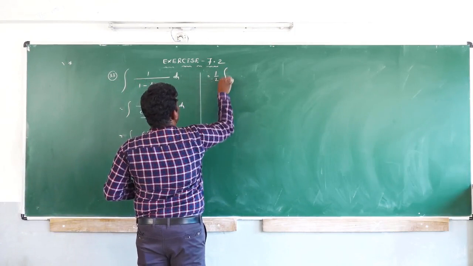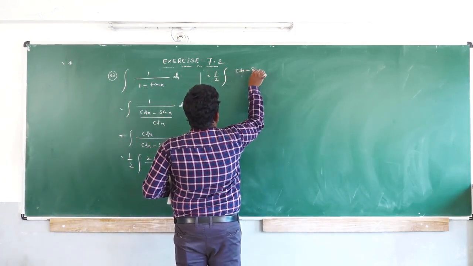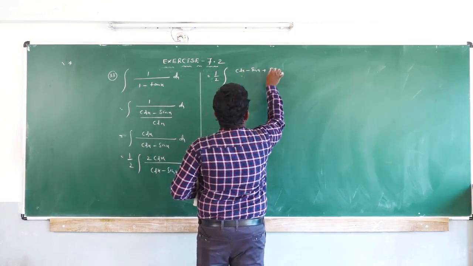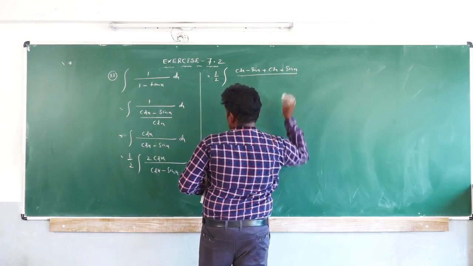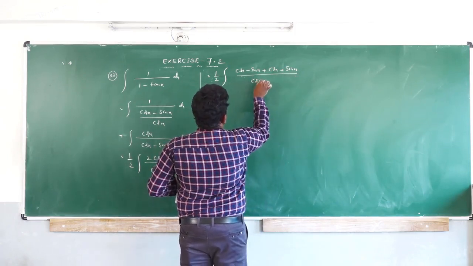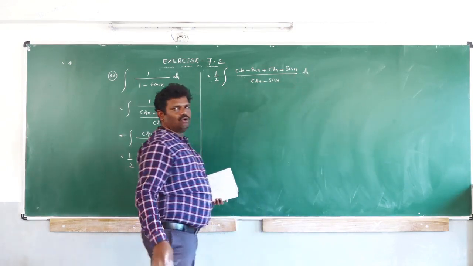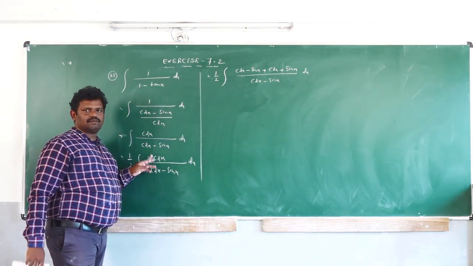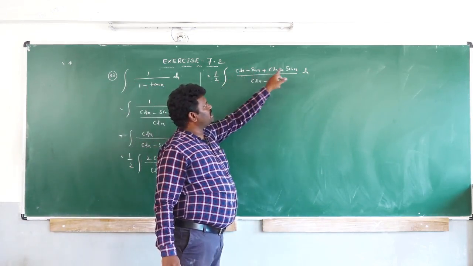Adding and subtracting sin x, we get 1 by 2 into the integral of cos x minus sin x plus again cos x plus sin x, divided by cos x minus sin x, into dx. Okay? Here 2 cos x is cos x plus cos x, and minus sin x plus sin x.